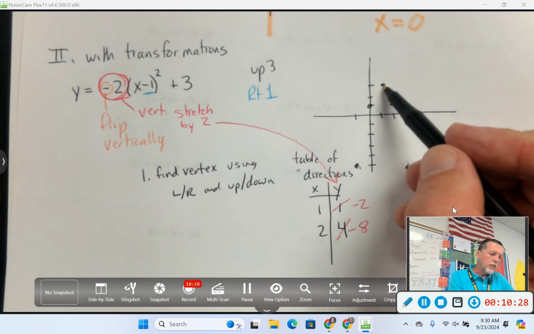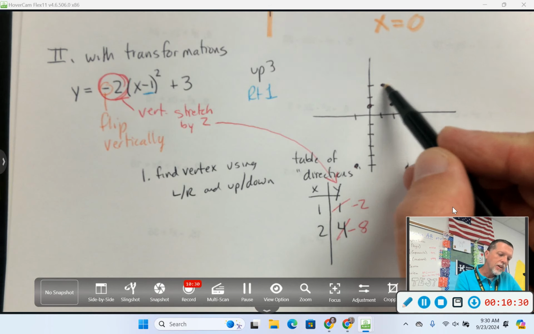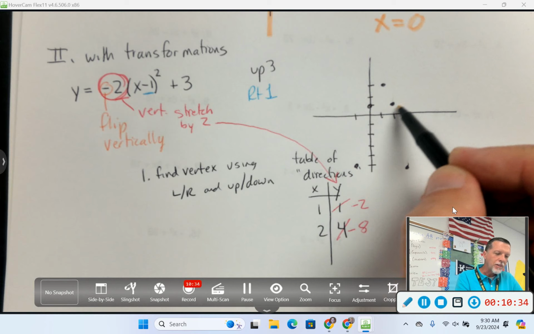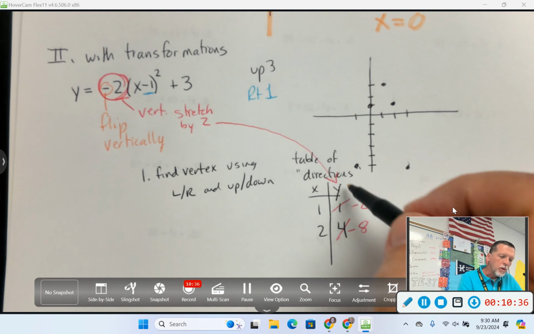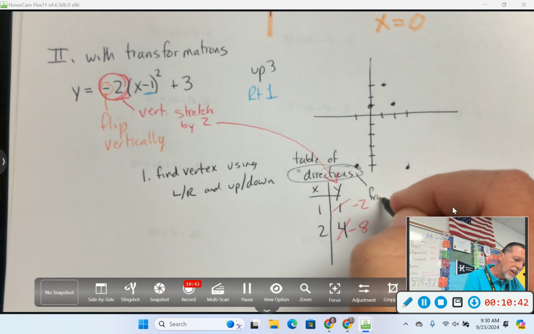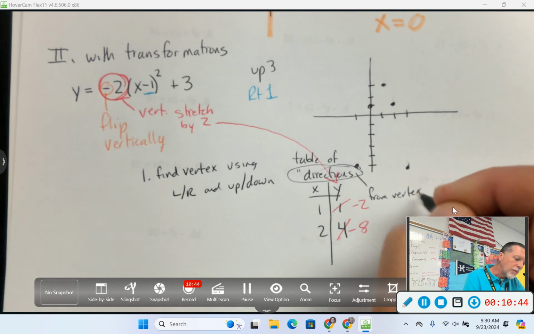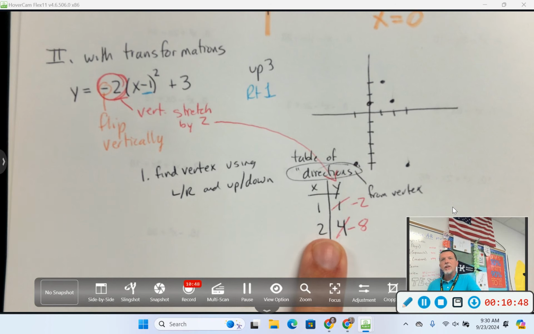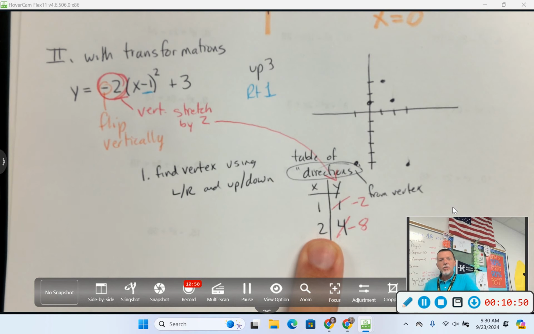So from this point, from the vertex, I'm going to go over 1, down 2. Now that point is 2, 1, but I don't care about the point. I don't want to use points. I want to use directions. That way I can always go from the vertex. So you don't have to plug back into the original because you always will start with 1, 1, and 2, 4. That's what makes transformations easier to deal with.